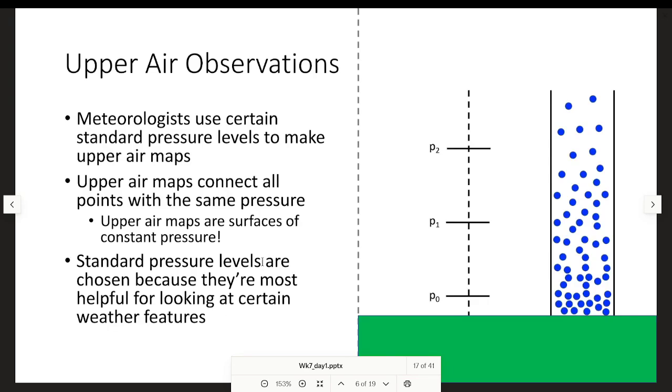Okay, so we use certain standard pressure levels to make upper air maps. Like the ones I just listed, we have a group of levels that we use. Basically the map connects all the points where there's the same pressure.